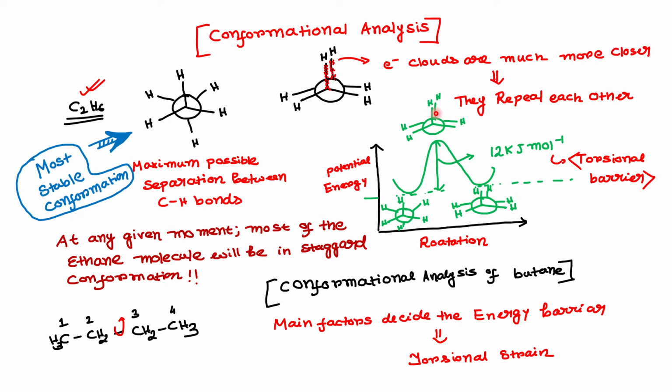If we rotate the C-C sigma bond again, this hydrogen atom will come to this position, this hydrogen to this position, and so we will again reach the staggered conformer. Sorry, I drew it wrongly. It will be the staggered conformer like this.